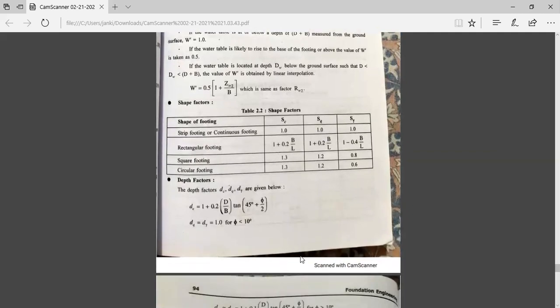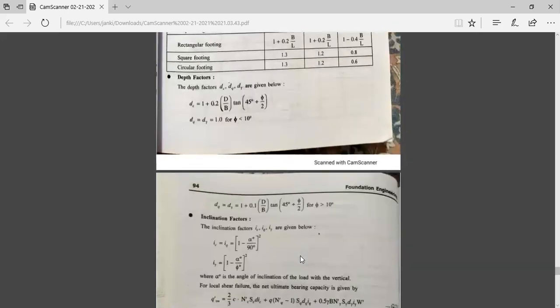Here there is one table which describes all the shape factors, which basically depend on the shape of the footing. For the strip footing, rectangular, square and circular, these four types of shape of footing, the values of sc, sq and sγ are given in this table, right? Now talking about depth factors, the depth factors dc, dq and dγ are given as below.